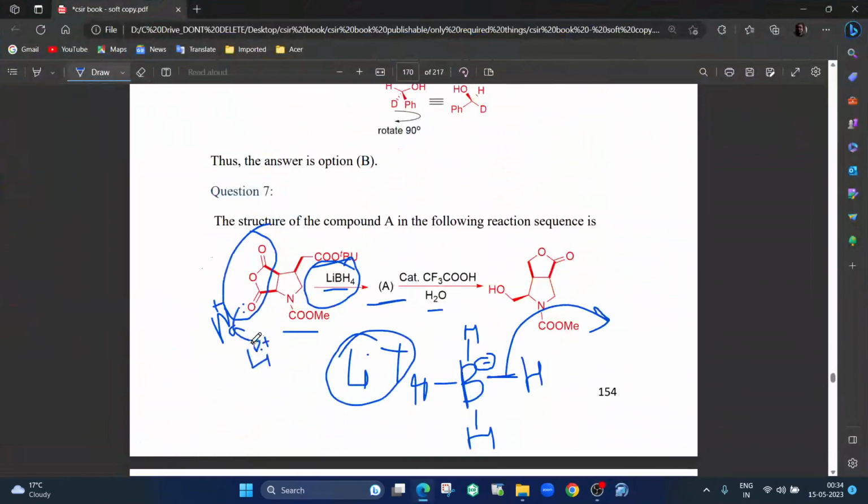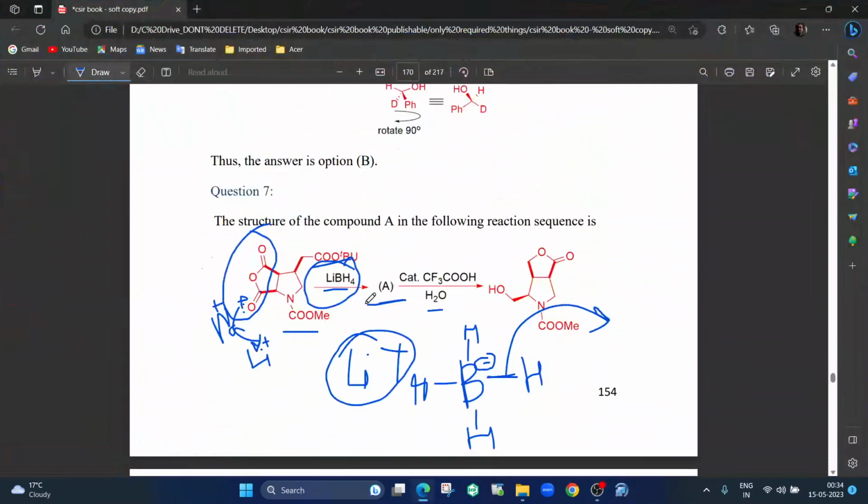So it interacts with the oxygen, and therefore the oxygen gets a positive charge, and the carbonyl carbon becomes much more electrophilic in nature, and it reduces. So LiBH4 will reduce even the esters and even the anhydride.